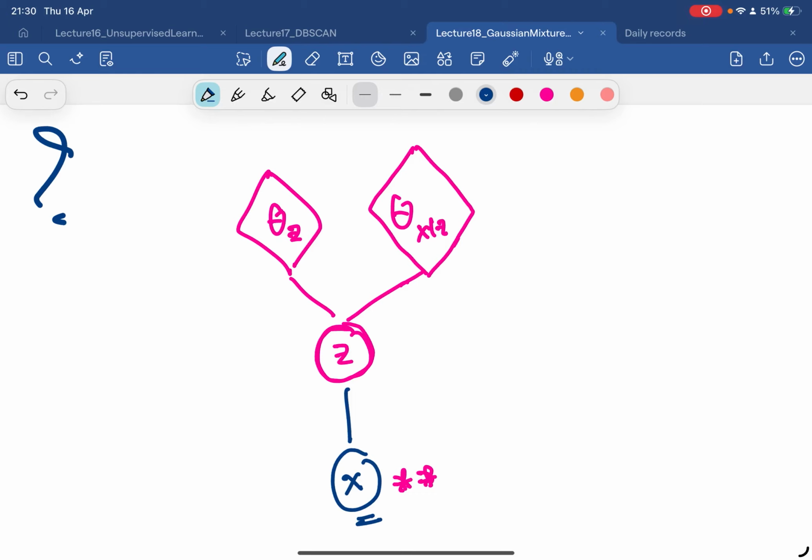Or maybe x is moved by another unknown factor, and that unknown factor could be characterized as the z random variable. Because both of them are random variables, we could say that they can be represented by some probabilistic model like the Gaussian or maybe the Bernoulli. And because of that, they definitely have model parameters.